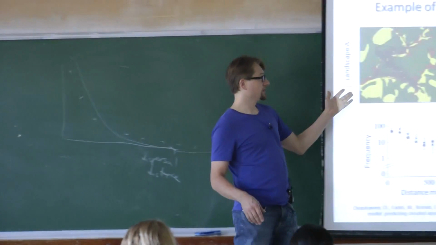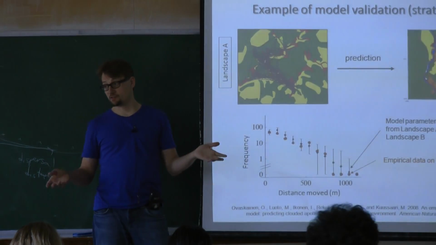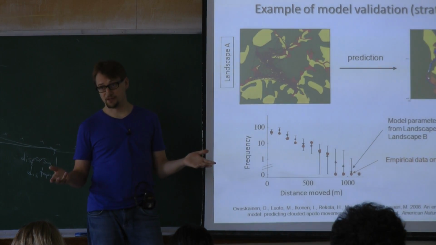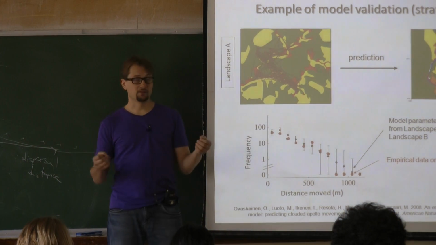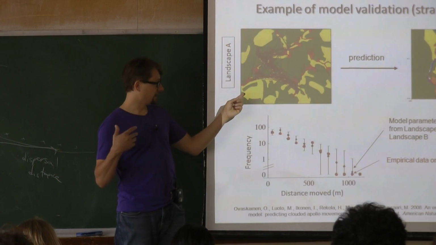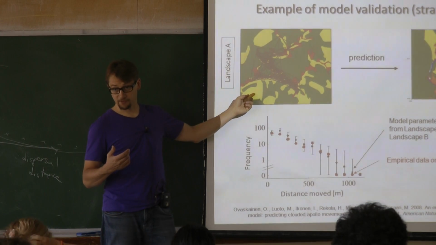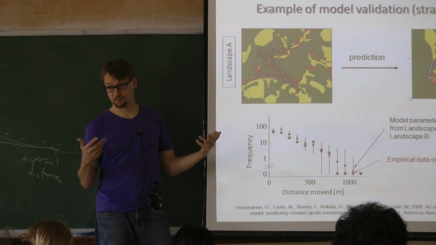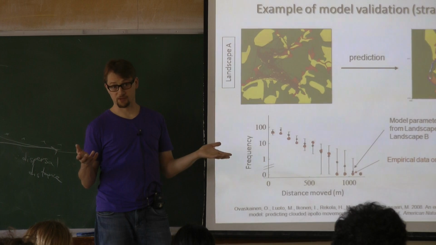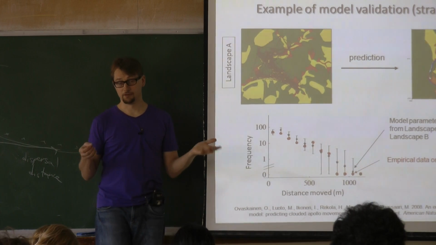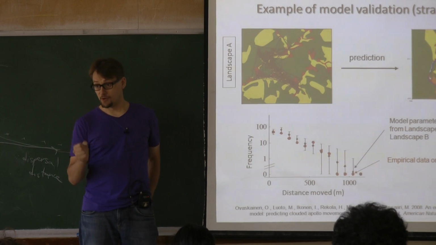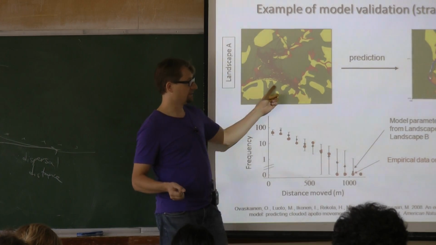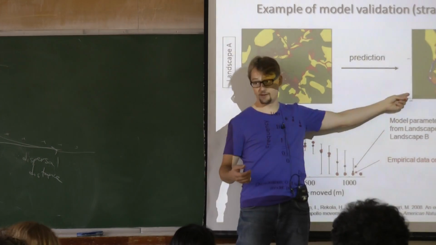So what I'm assuming here is that the system is such that these butterflies only use local information, and this classification of the landscape into these habitat types is the relevant classification. Okay, these are my assumptions. So if this is true, then the butterflies should follow my model, and they should follow the same rules here and there.